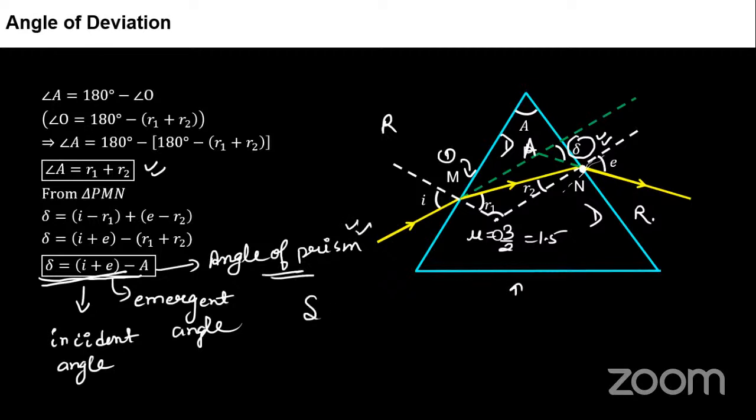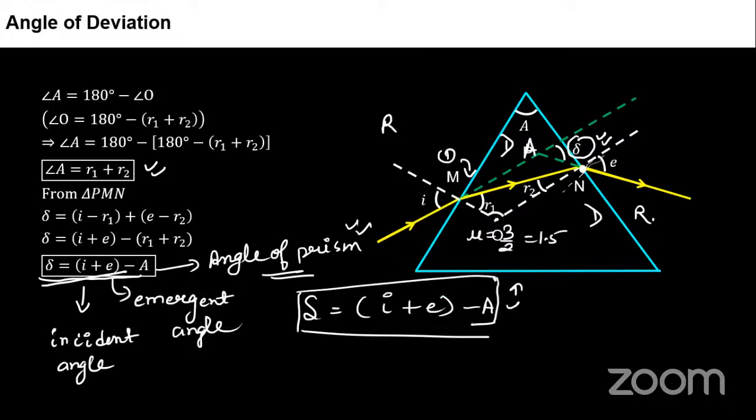So delta equals i plus e minus A. This is the angle of deviation.